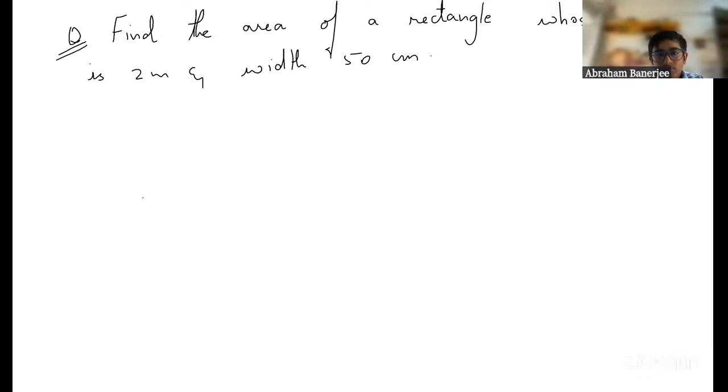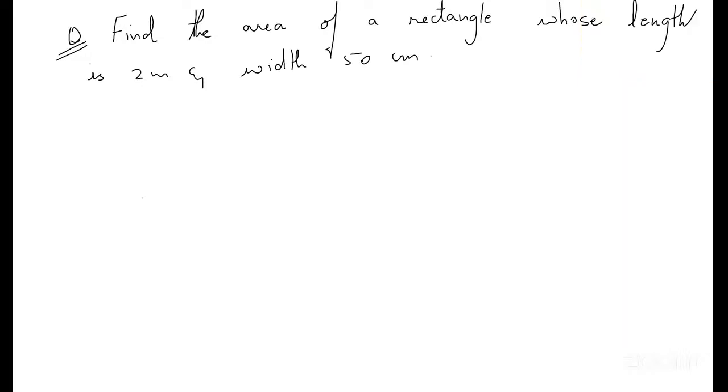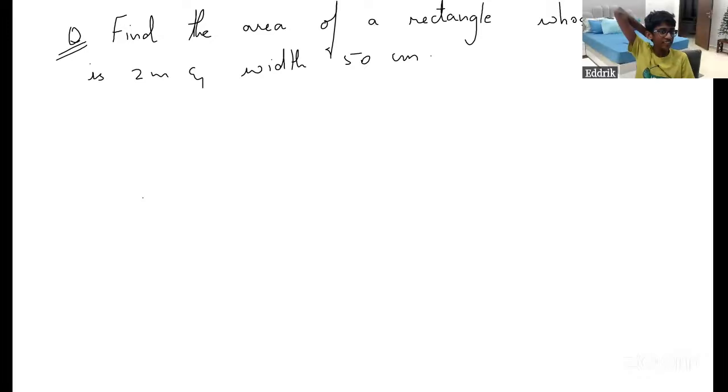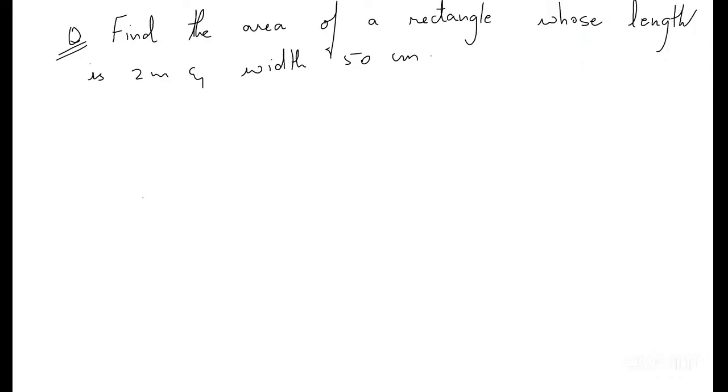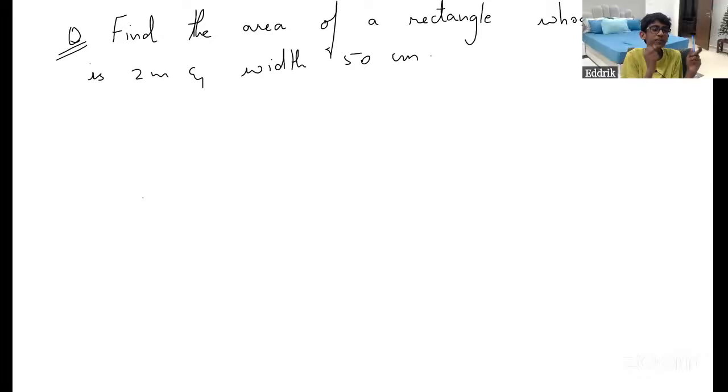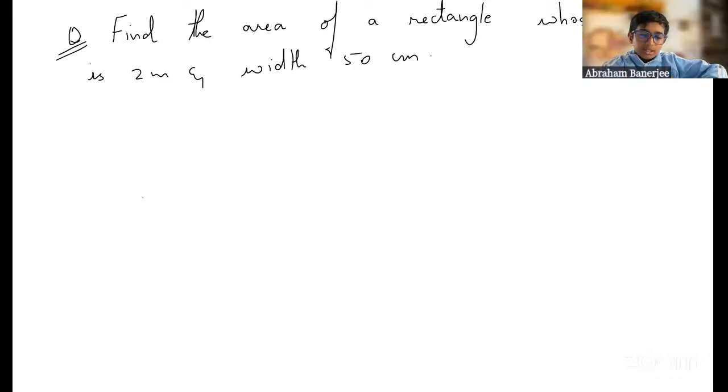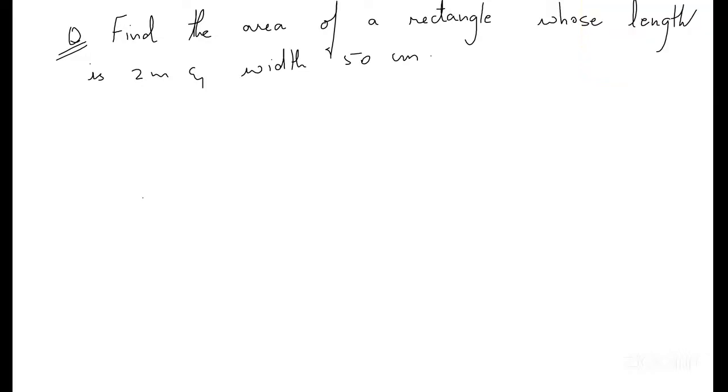1000. 1000. Okay, how come? 100. Okay, can you all explain to me? Ma'am, 2 into 50 is 100, because it is length into breadth, no? Edric, it's 2 meters into 50 centimeters. Yes, so you have to convert one of the values.